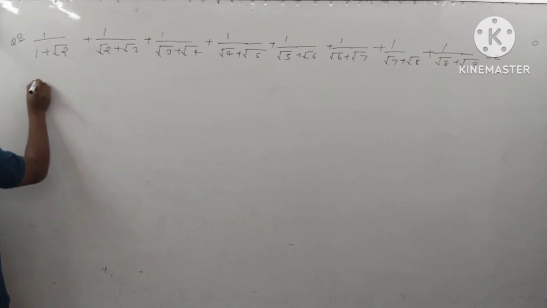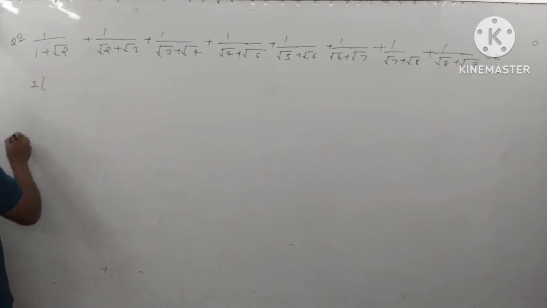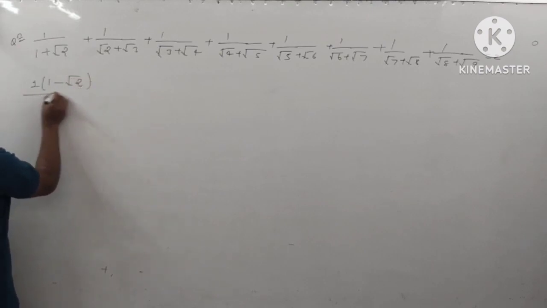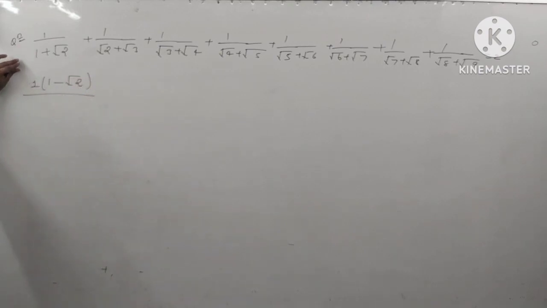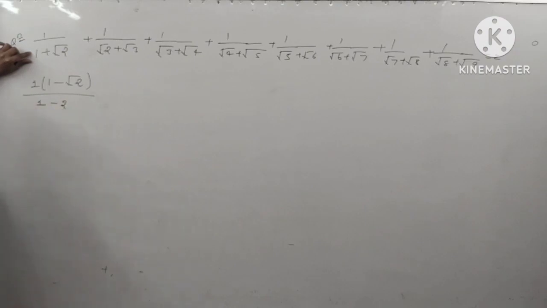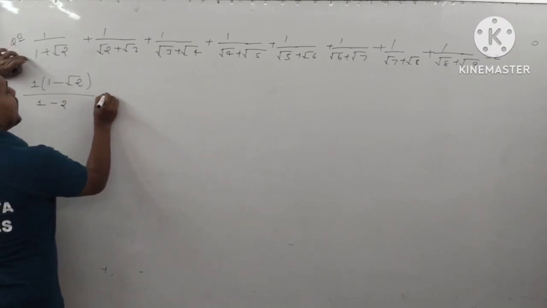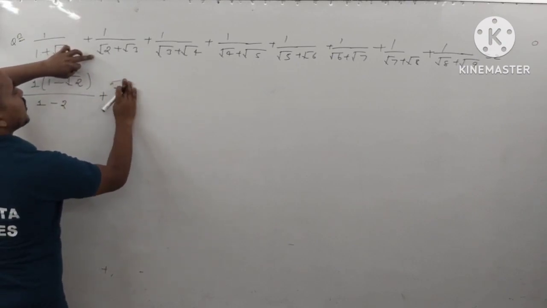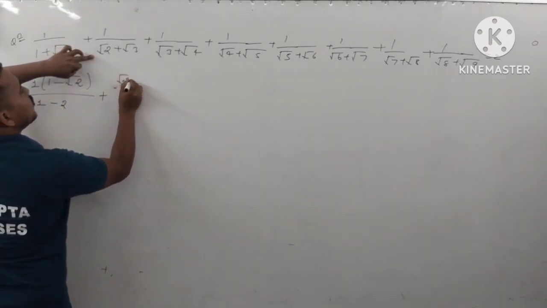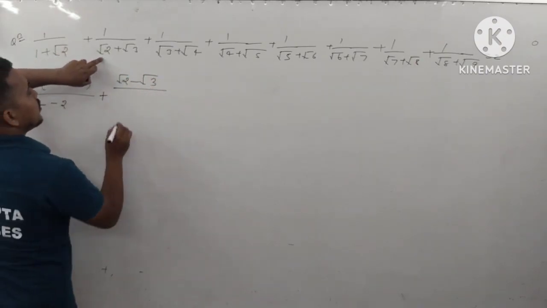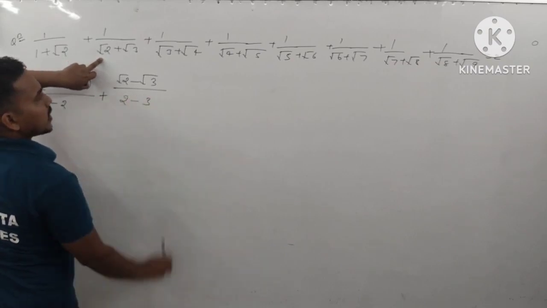First of all, we multiply 1 by 1 minus under root 2 for the rationalization of this term, and you observe 1 minus 2, okay, plus this is also under root 2 minus under root 3, and now 2 minus 3, okay.